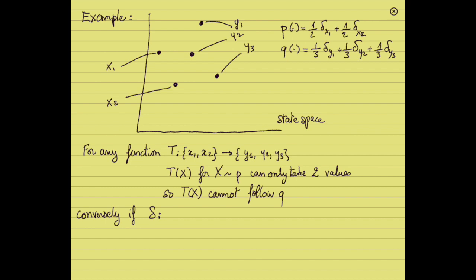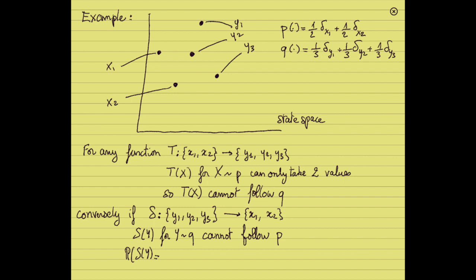And if you do it the other way around, here you cannot find a solution either, because if you find any function S from y1, y2, y3 to x1, x2, then S of y, where y follows Q, cannot follow the distribution P. For example, if we look at the probability that S of y is equal to x1, it could be 0, it could be 1/3, it could be 2/3, or it could be 1.